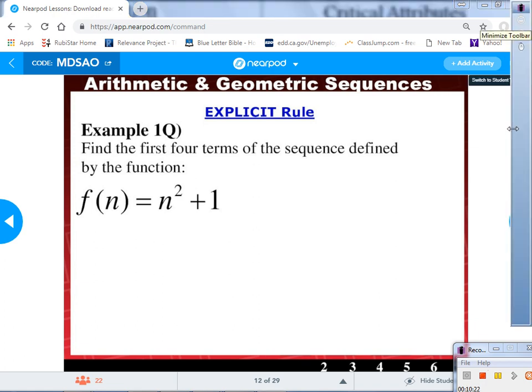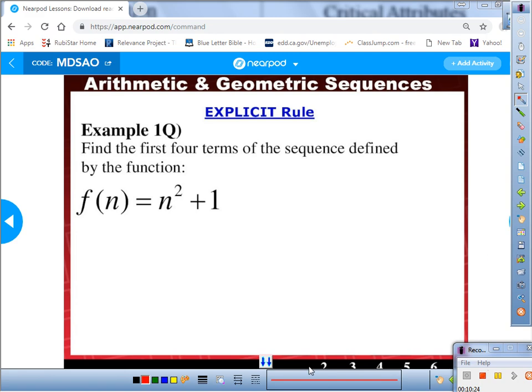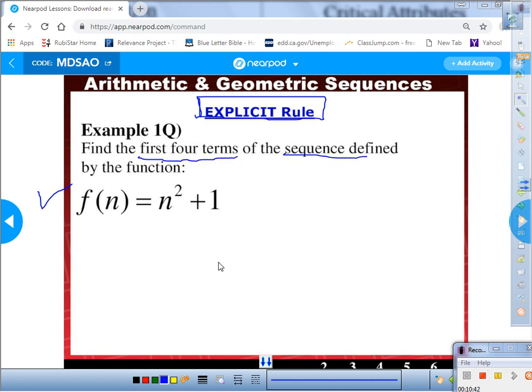So when we get to these, this one's called explicit rule, because all we have to do is use the rule that they give us explicitly for what they're asking us for. So watch. If they want us to find the first four terms of the sequence defined by this, then we need to make a table.